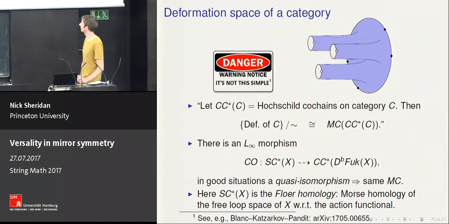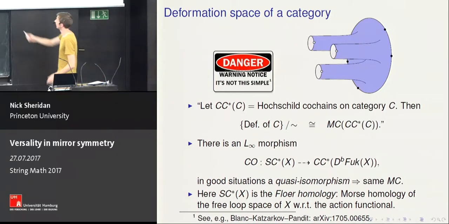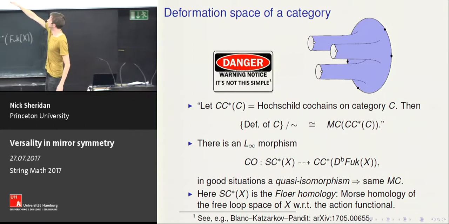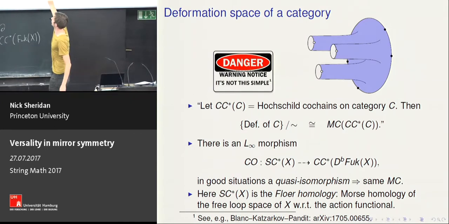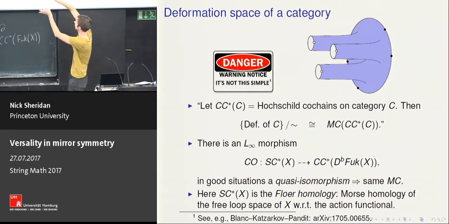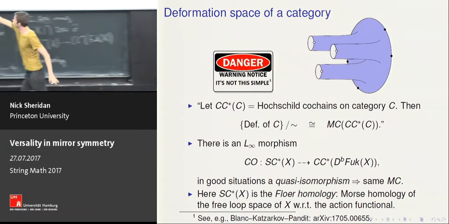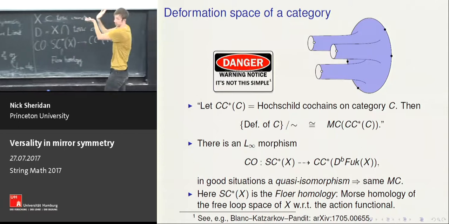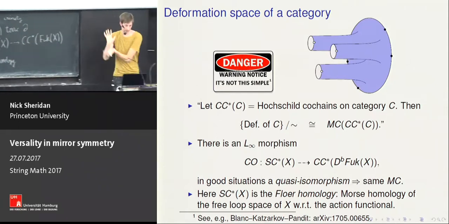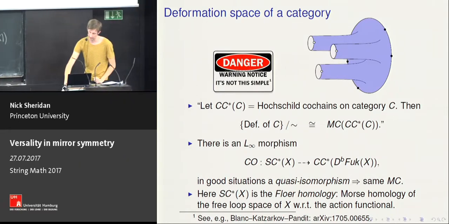And it has a natural L-infinity structure that looks like what you might expect. It's a Riemann surface with a bunch of inputs and one output, giving these operations. And this L-infinity morphism CO looks like what I drew up the top there. It has a bunch of inputs coming from loops in this free loop space, and outputs are boundary conditions, giving us this Hochschild cochain.